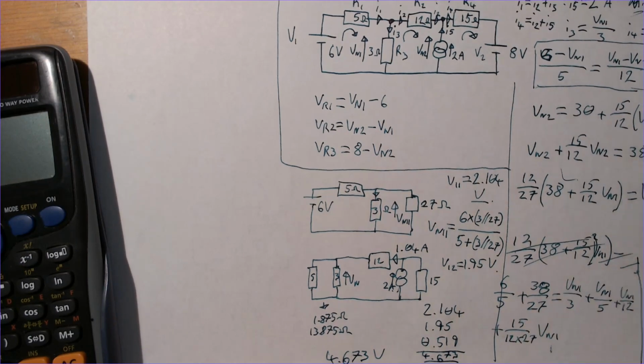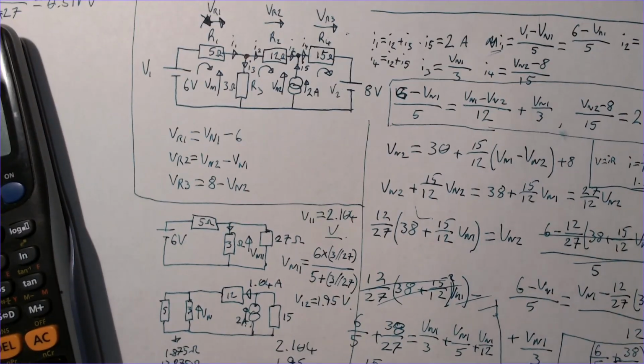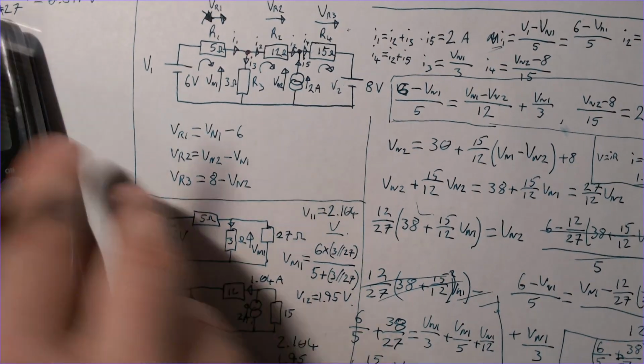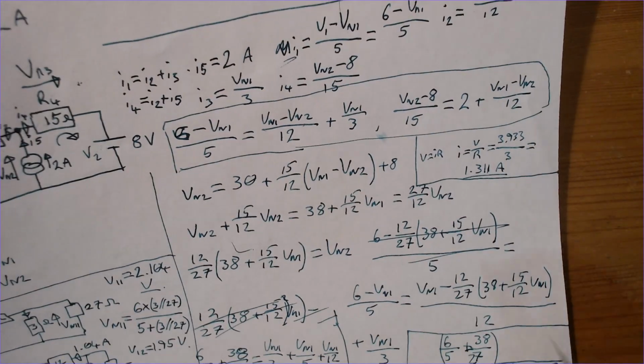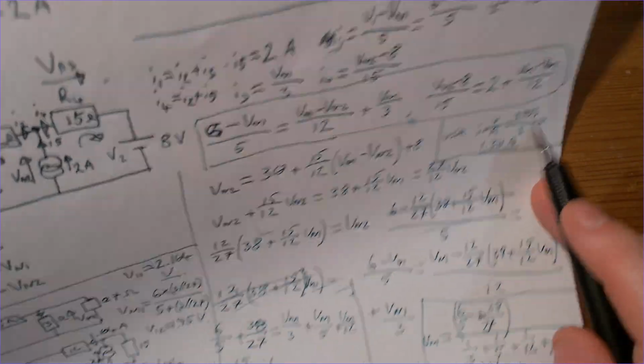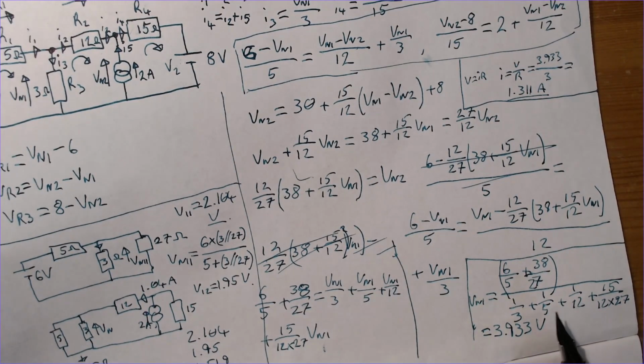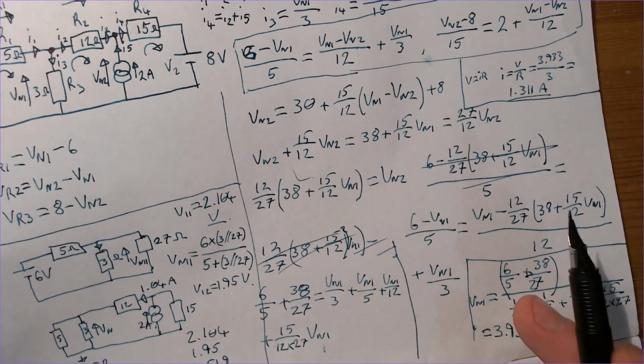Now that's different to the answer we got before, 3.993. I noticed that earlier. There's the answer we got before for the voltage, 3.993. It came out down here. I noticed that before, and there was a mistake made here.